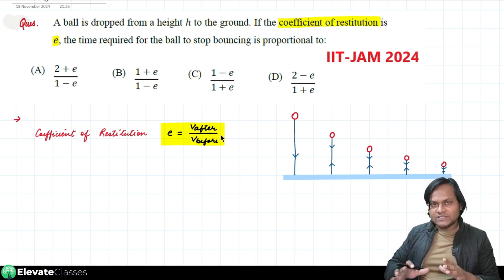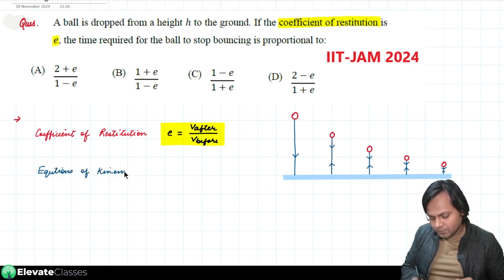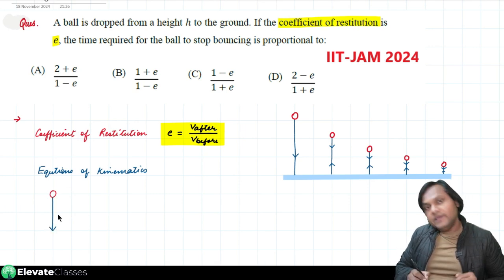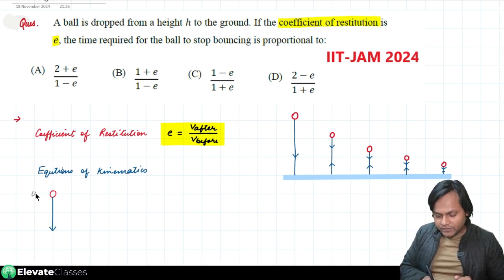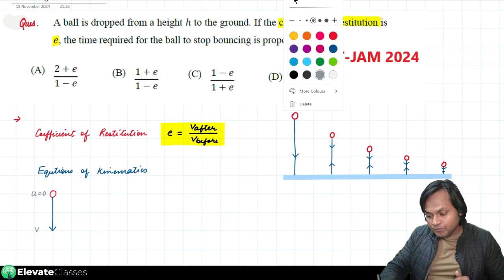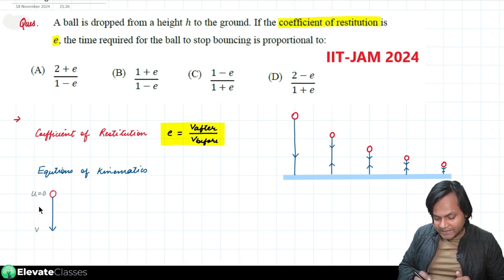Now, using this concept and the equations of kinematics, which are quite simple actually, let us consider a ball that is falling through gravity. Imagine you drop a ball and it falls through gravity. It starts with 0 speed and reaches the ground with speed v, and let's suppose it traverses a distance of height h.